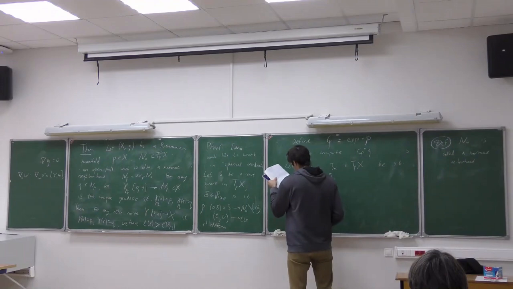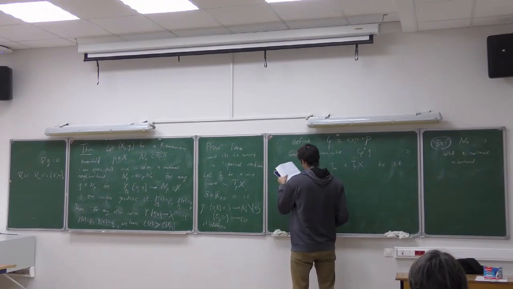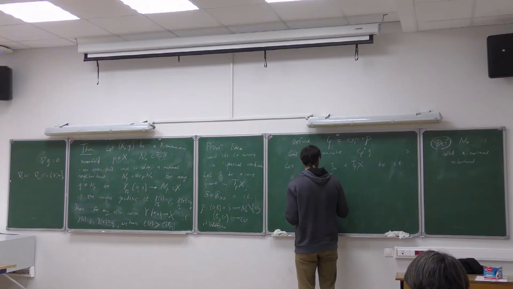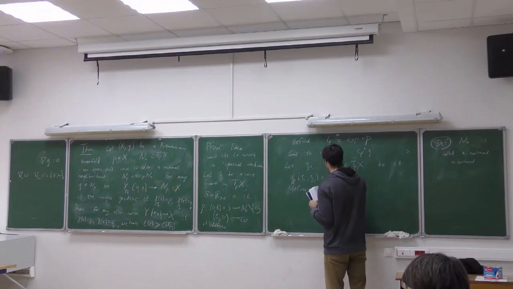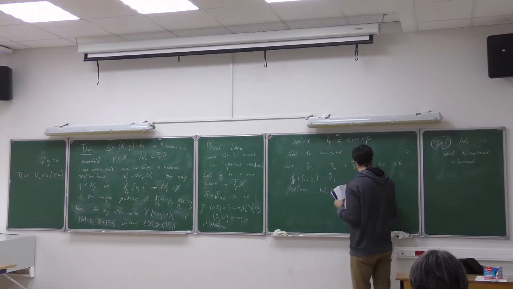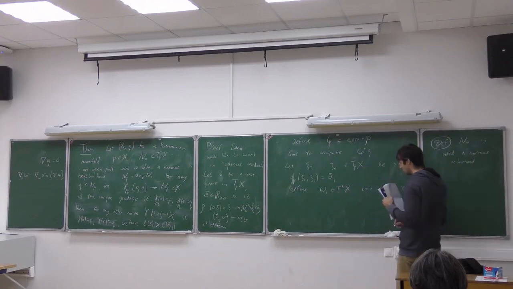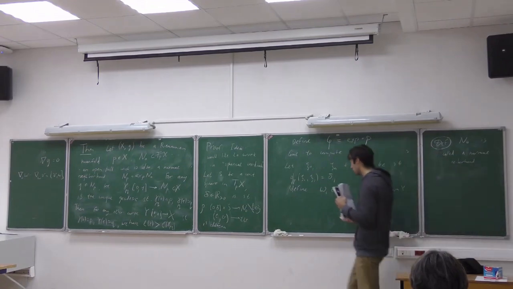Okay, and then I define a form omega_i for each i from 1 to n, say, the dimension of X. So these are one forms, by the following.